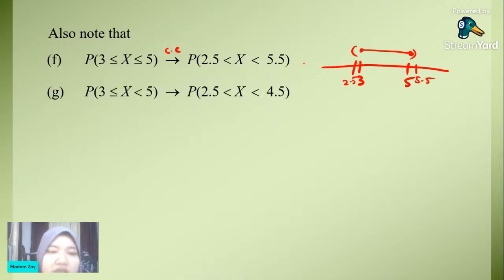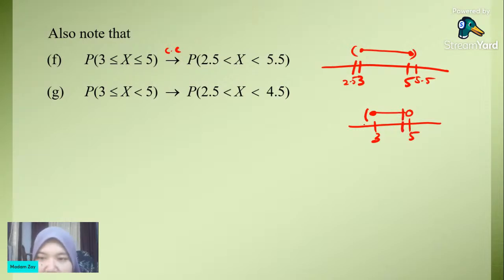For probability of x, 3 less than or equal to x less than 5, in between 3 and 5, 3 is included but not 5. So we hug the 3 because we want to include it, but for 5 we need to cut the ties. So cut the ties means that we take from 2.5, here is 2.5, and here before 5, which is 4.5.